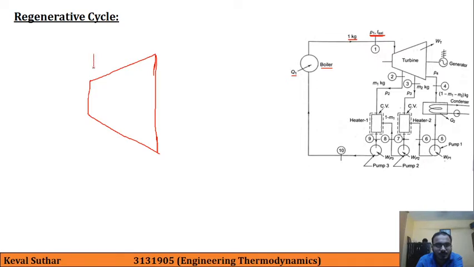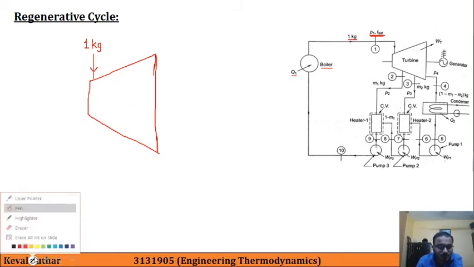From here we are having 1 kg of steam. Okay, now let's divide this into two portions.